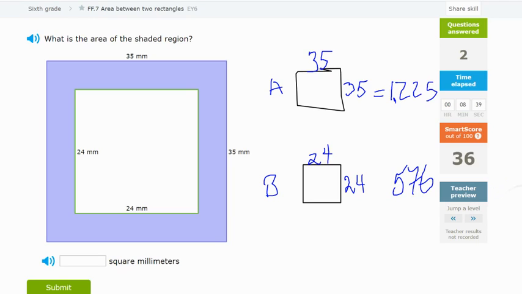If we subtract these, 5 minus 6, I can't do that, so I need to borrow from the 2. 15 minus 6 is going to be 9. Can't do 1 minus 7, so I need to borrow from here. That gives me 11 minus 7, and so that's going to be 4. And then I've got 11 minus 5, which is going to be equal to 6. So my answer should be 649 millimeters squared.